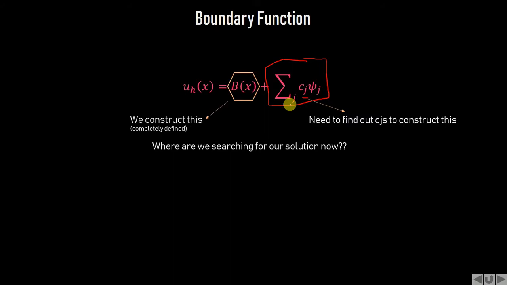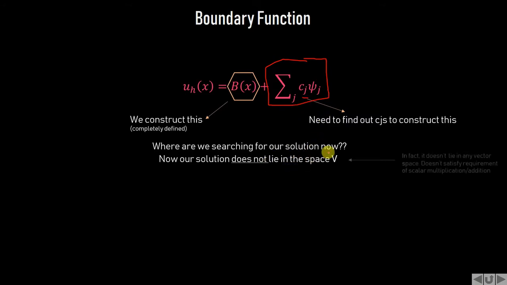Okay, our solution now doesn't lie in this space V. In fact this trial solution doesn't lie in any space. If you think mathematically, if you want the mathematical definition of a vector space, this doesn't follow the rules of closure under scalar multiplication and addition that are required for a space to qualify as a vector space.